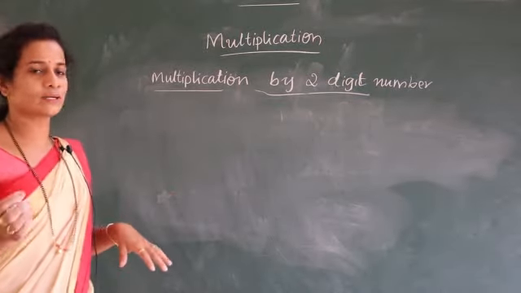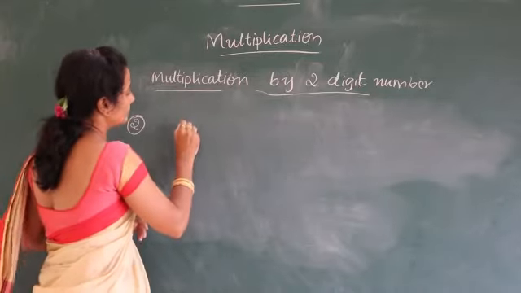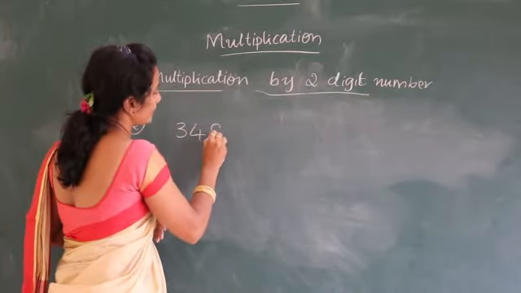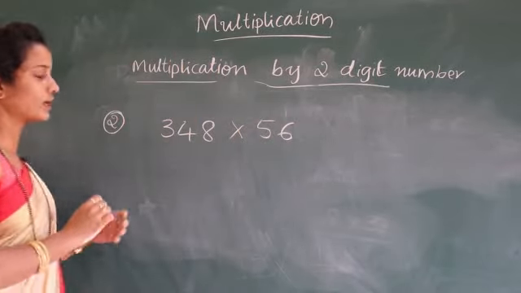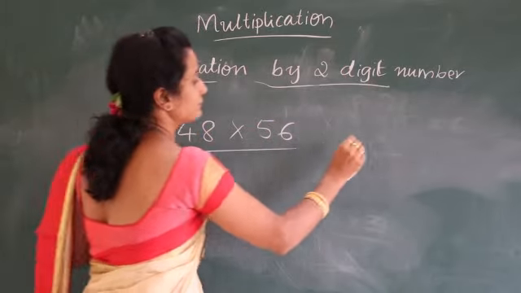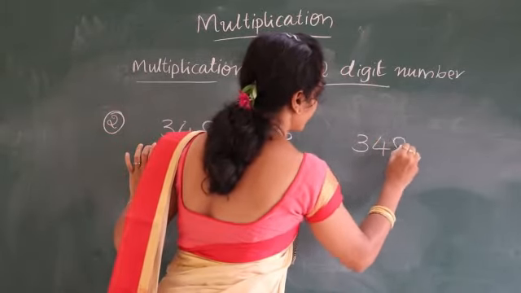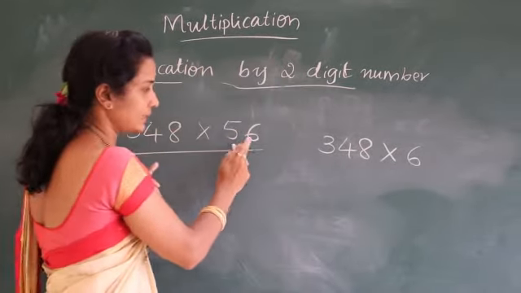It is called the product. Now let us take one more example, multiplication of a 3-digit number, that is 348, by the 2-digit number 56. Okay, the method follows the same. First write your multiplicand 348, then multiply it by 6, that is the unit place.